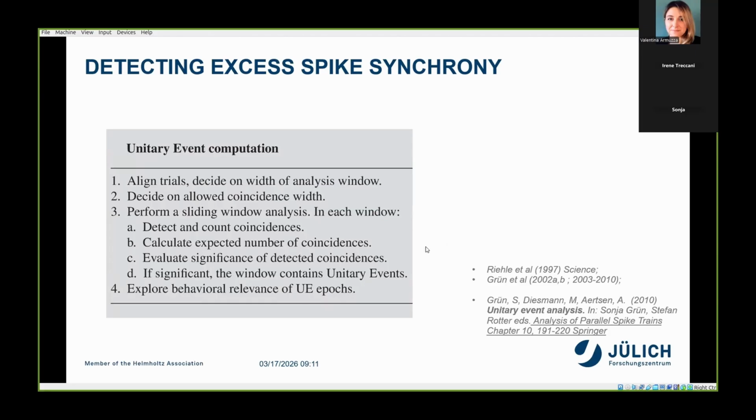And what I'm doing is comparing the empirical counts of synchronous activity to what I can calculate how much I would expect given the firing rate. And if the empirical counts are higher, then you can add a significance evaluation and say, if this is significantly more than expected by chance, this is more synchrony than expected by chance, and it's an expression of processing. Okay, I give you an example.